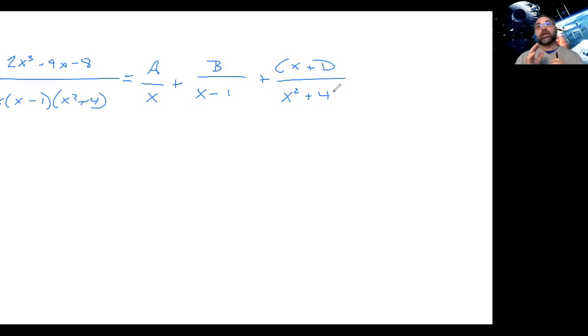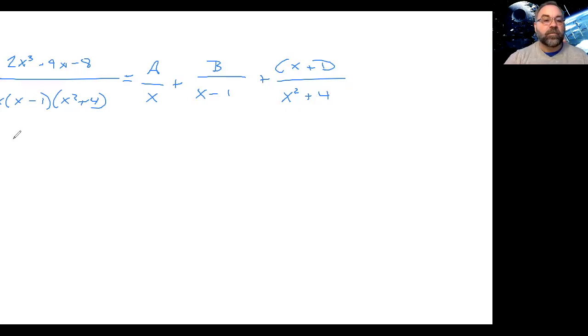I should say, if you had forgotten that you could do that with repeated linear factors, and had done the previous one with the x minus 1 quantity squared, and used a linear numerator for the quadratic denominator, you would have found that the c would have been 0 anyway. So it wouldn't have mattered that you had forgotten at that point. That's the nice thing about that.